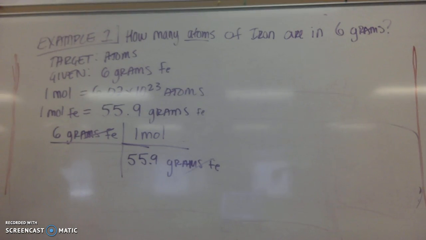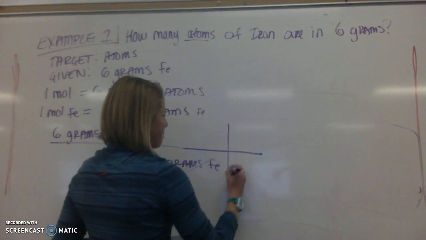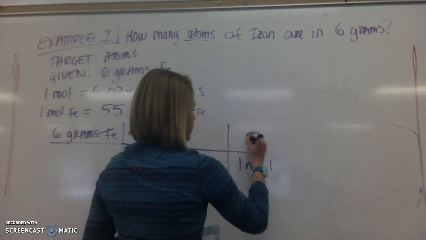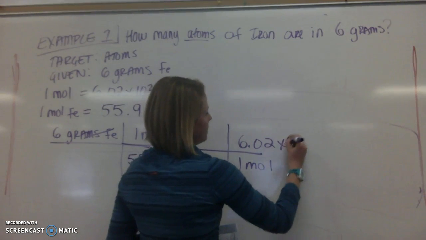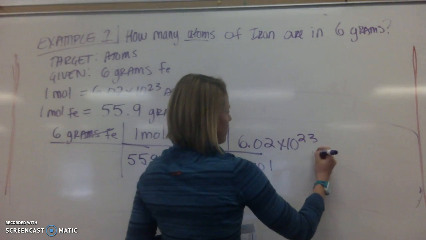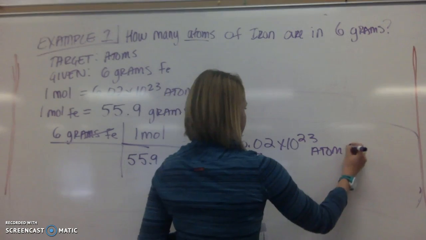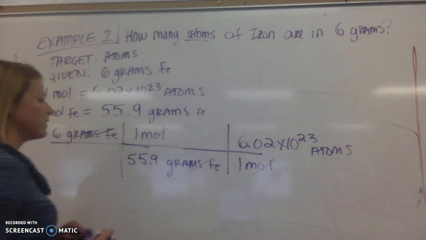I'm not quite at my target yet, but I can use this conversion. 1 mole is equal to 6.02 times 10 to the 23rd atoms. Check that my units all cancel.